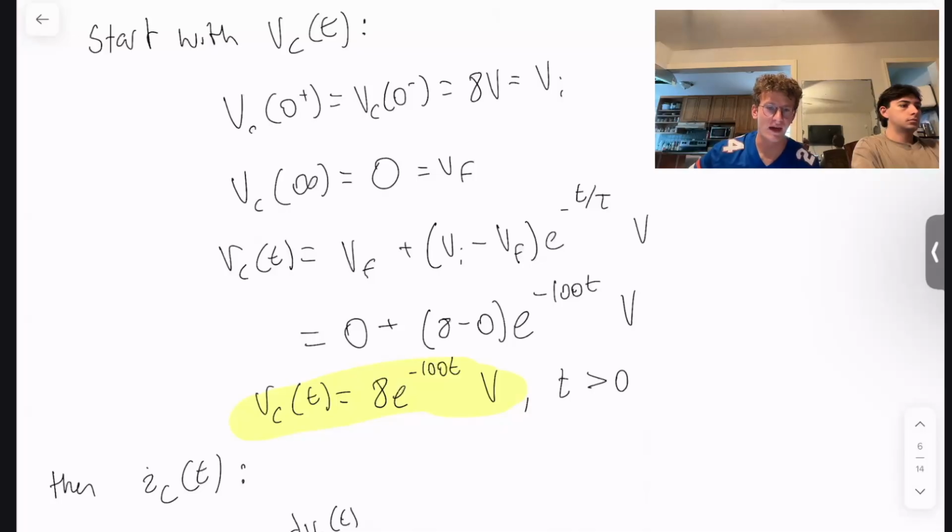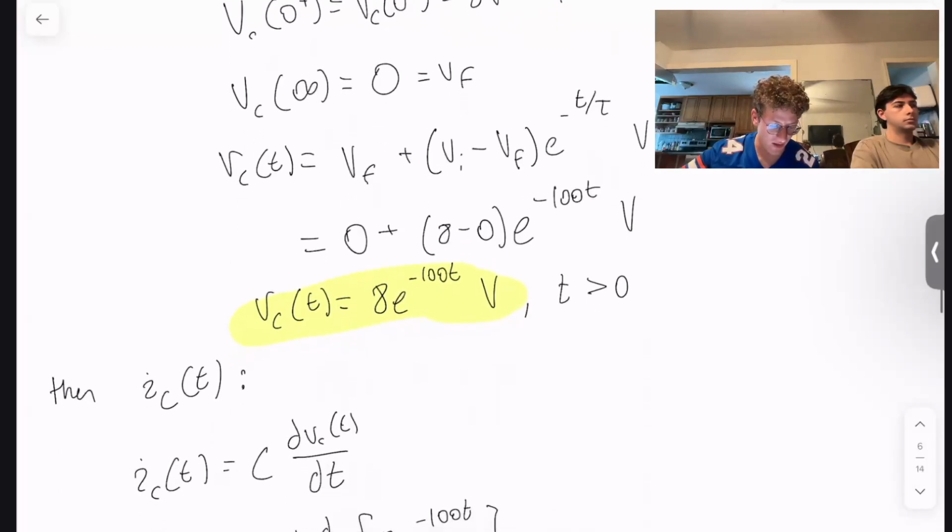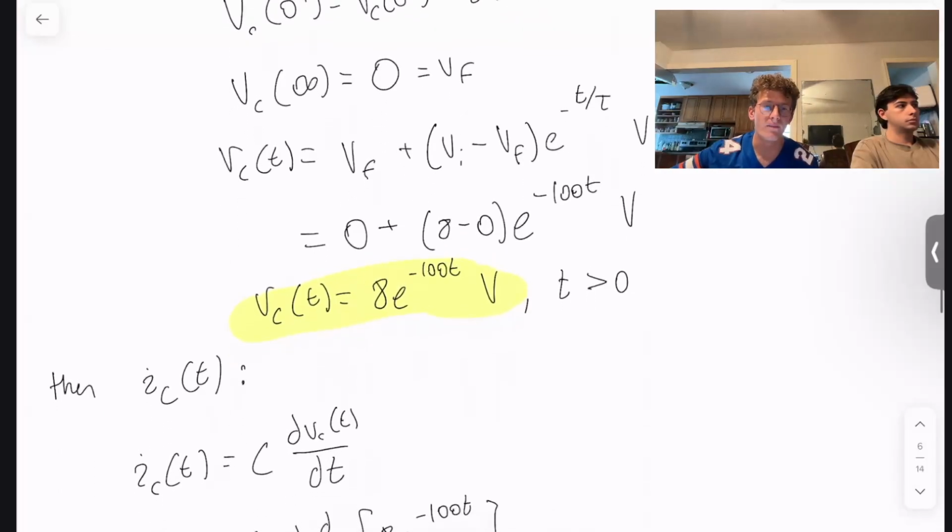Nice. Since we have our voltage across our capacitor, it makes sense to find the current through the capacitor with respect to time. And we have this equation here: I is equal to C dV/dt.